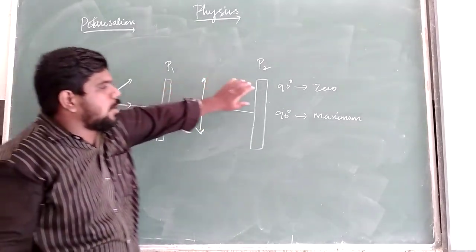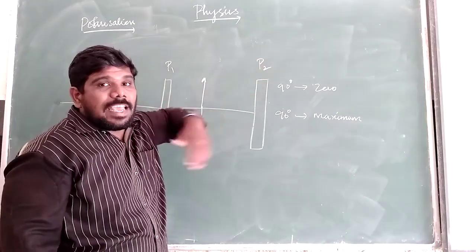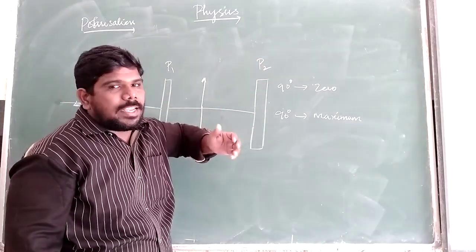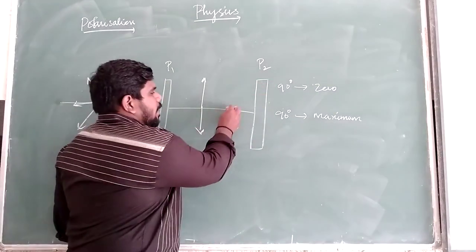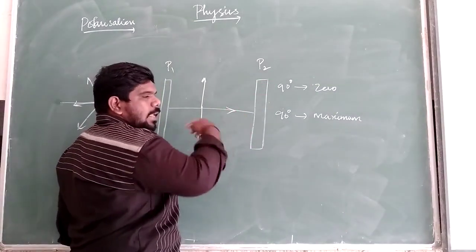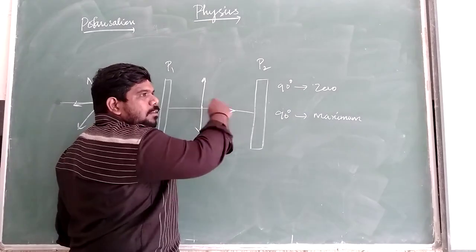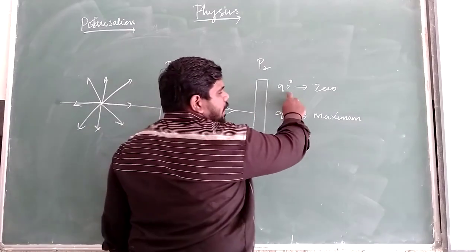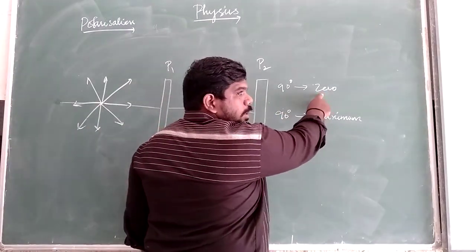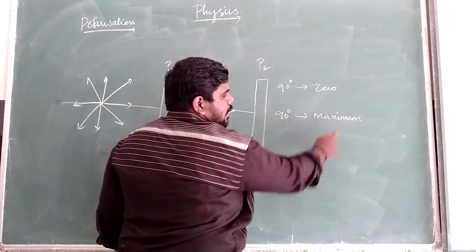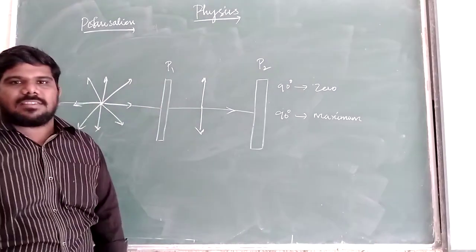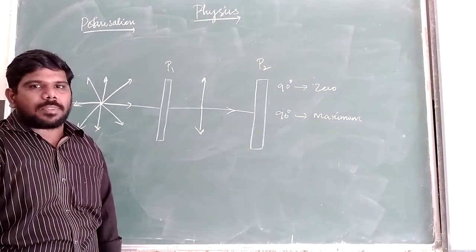Then it falls on the second polarizer P2, which can rotate about its axis. When it is rotated, the intensity of the light reaches maximum. Further rotated through 90 degrees, the intensity is 0. Rotated once more through 90 degrees, the intensity is maximum.